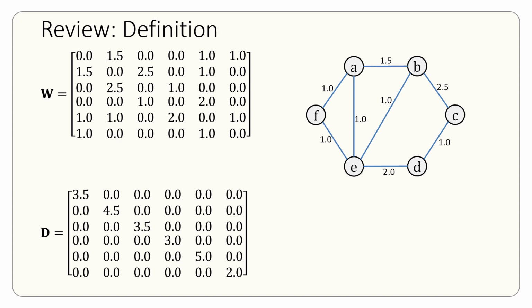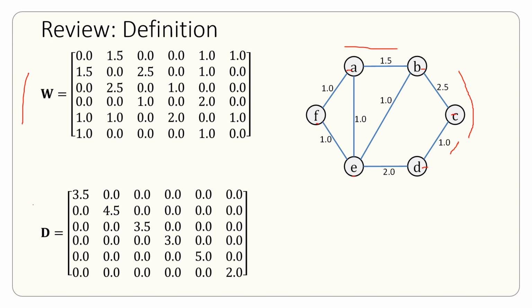We have a weighted undirected graph, and this is the weight matrix. It's symmetric because this is undirected, and so the in degrees and out degrees are the same for each vertex. We have 6 vertices here, A, B, C, D, E, and F. Call them 1, 2, 3, 4, 5, and 6.